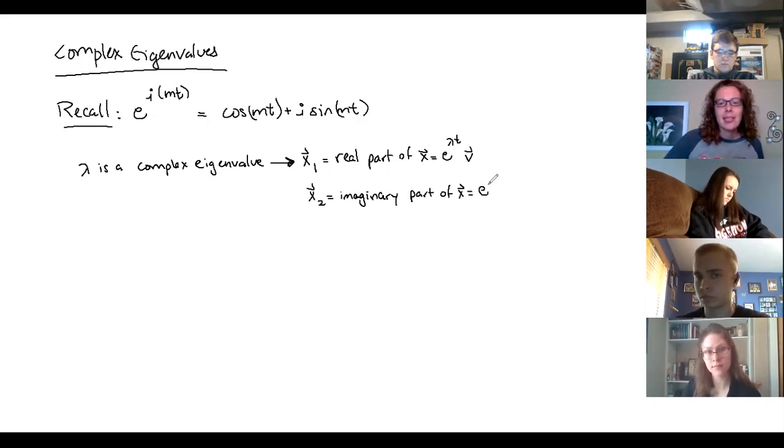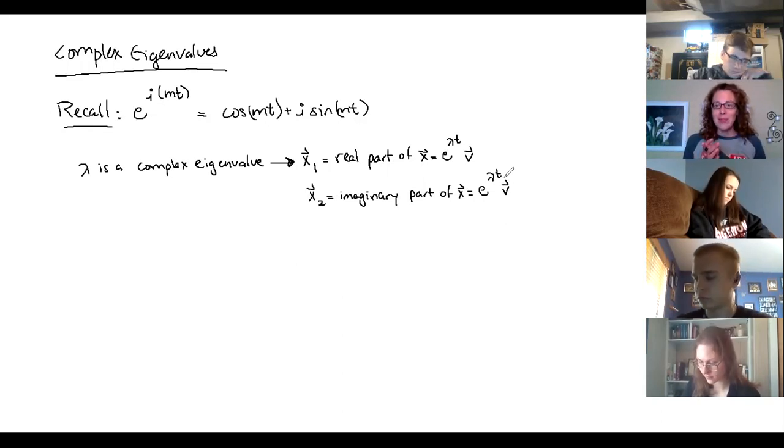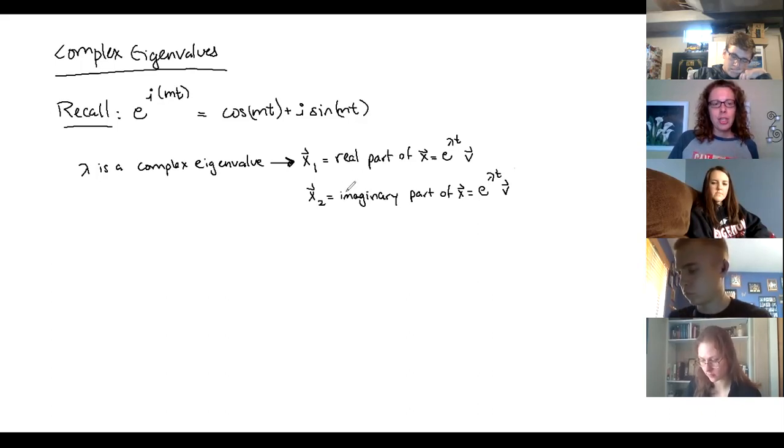Hopefully you said some of those letters in your breakout rooms. So you find lambda, you find v, you make it into an x, and what we're going to do this time is split this into real and imaginary parts. So this is kind of cool, actually. Notice what's going on. We're getting two different solutions for a single eigenvalue, which means we only have to do half the work.